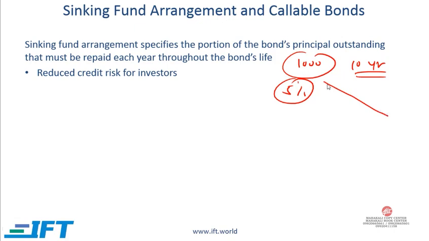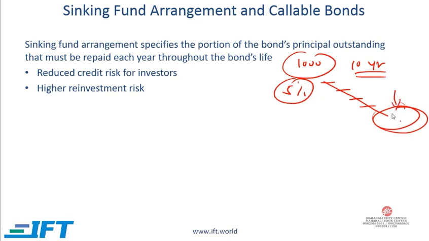Since the principal is being repaid, the credit risk for investors is reduced. The reason is that now the issuer doesn't have to make a large payment at the end. If the issuer has to make this large payment at the end, then the concern for the investor will be whether or not the issuer will be able to make that payment. The risk of the issuer not being able to make that payment is called credit risk.